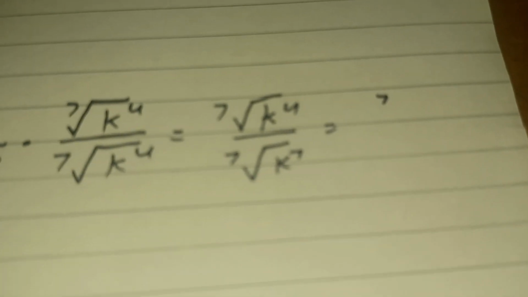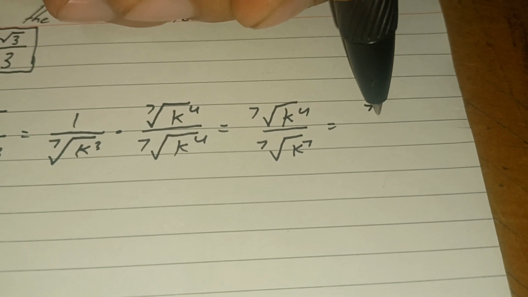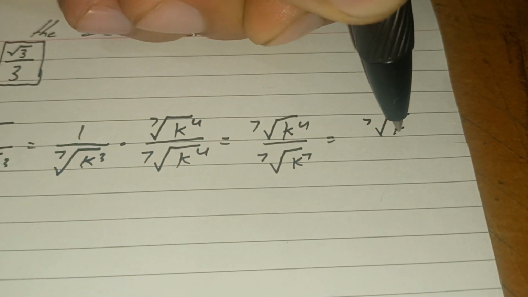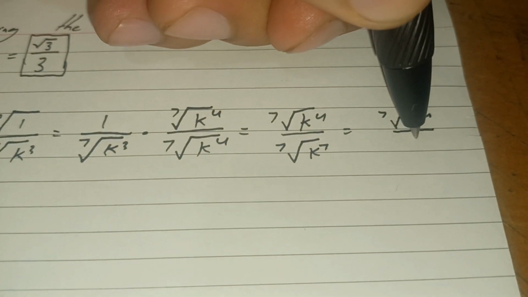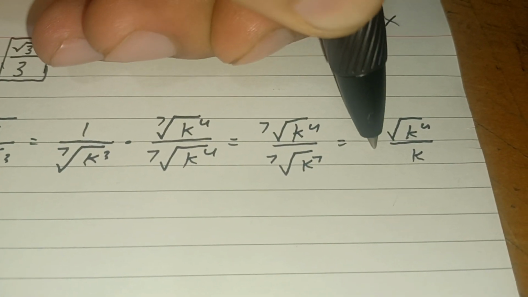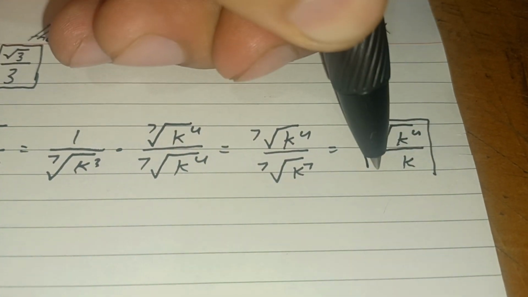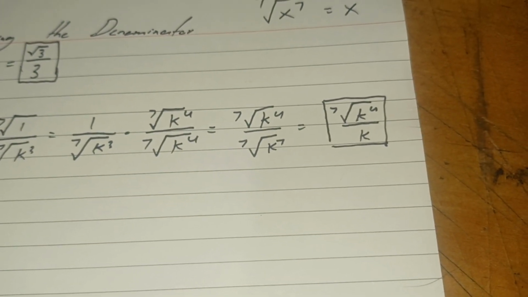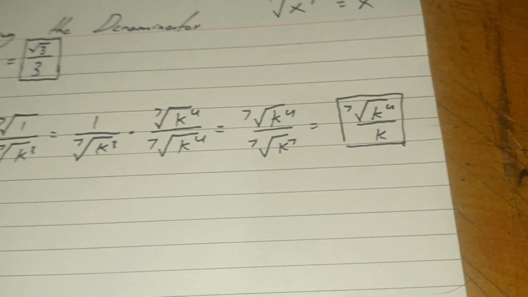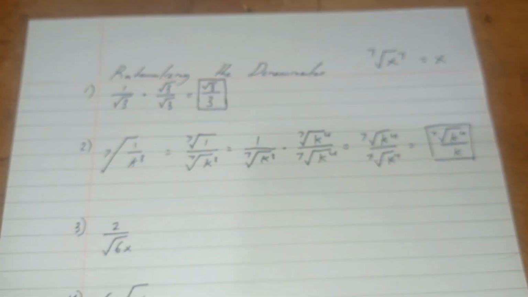So this is going to leave us with the 7th root of k to the 4th power over k. Like that. 7th root of k to the 4th power over k. That is how you rationalize number 2.